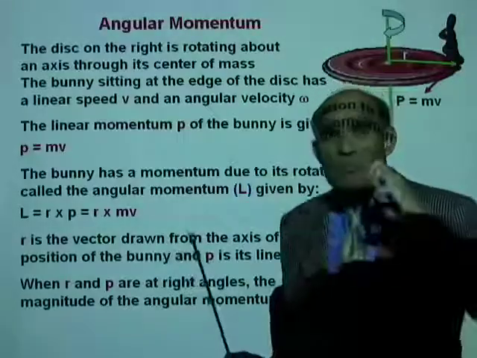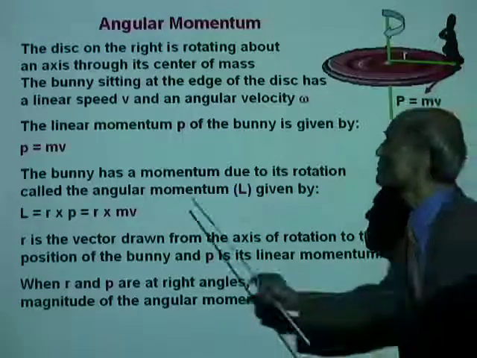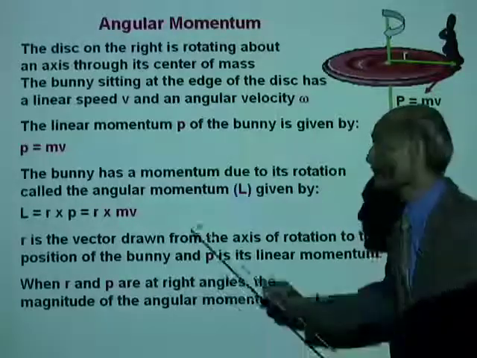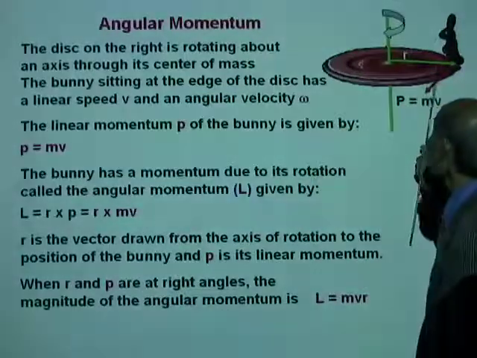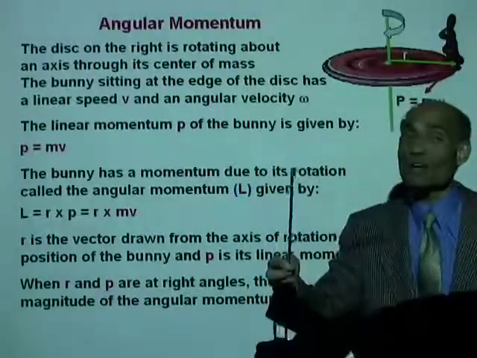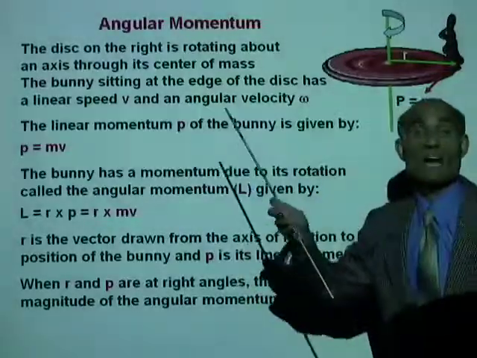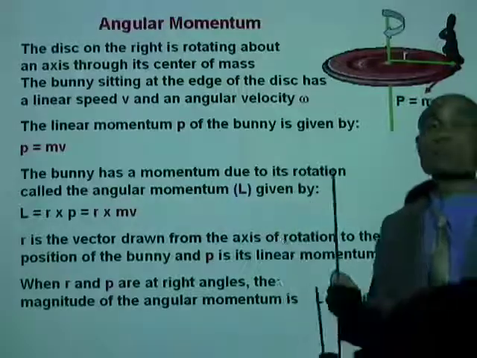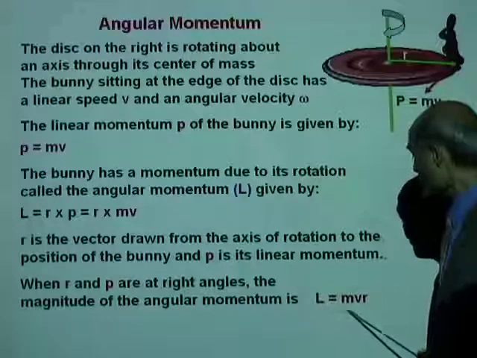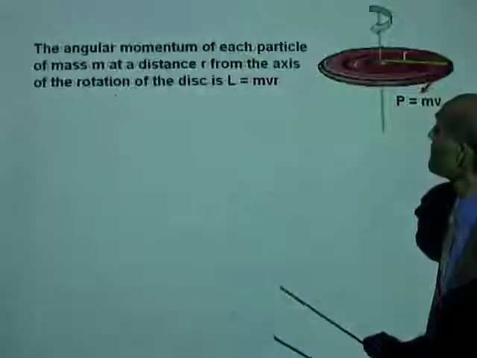But if you now consider the magnitude of the angular momentum, we can write L equal to mv times r. And this is the magnitude when the angle between r and mv is 90 degrees. If the angle is other than 90 degrees, then you need to take the component at right angles to r. That will be p sine theta. So the magnitude of the angular momentum is mvr.